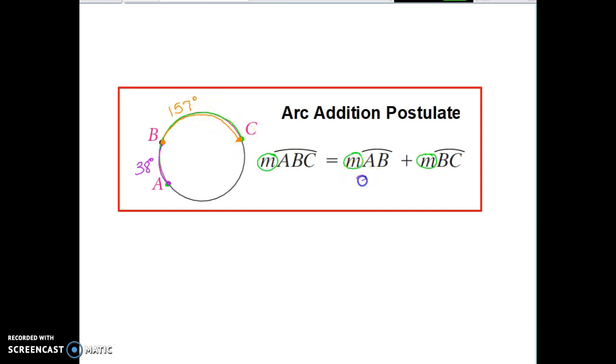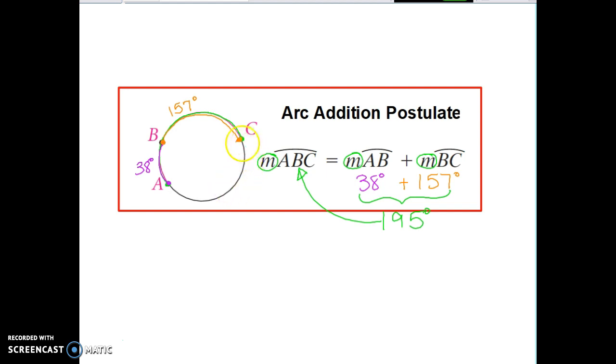So if the measure of arc AB is 38 degrees, and the measure of BC is 157 degrees, then when we add these two together, we could see that the measure of arc ABC is 195 degrees.